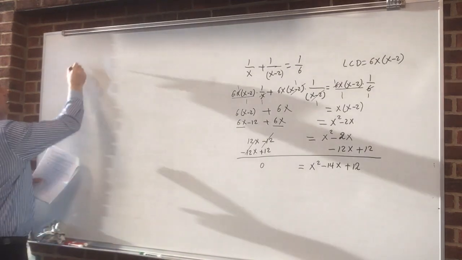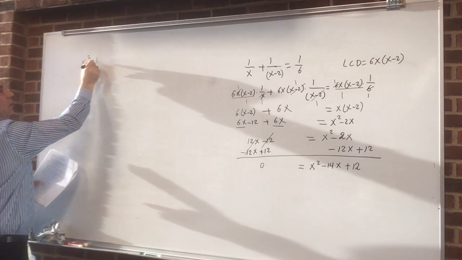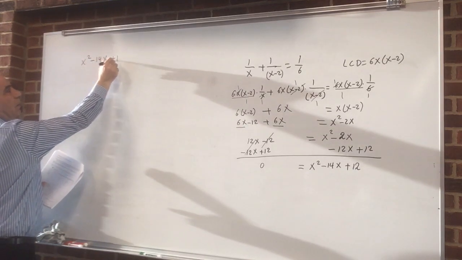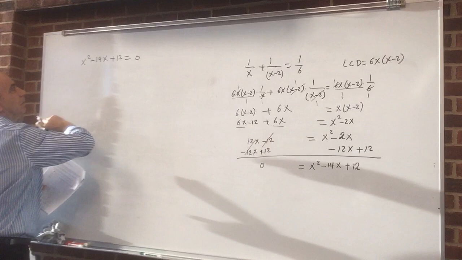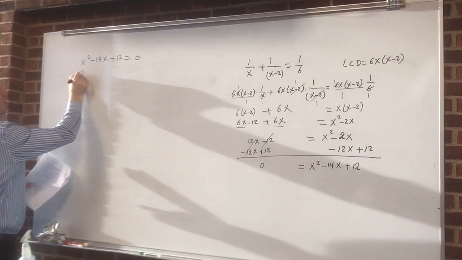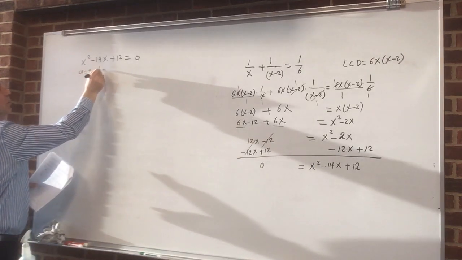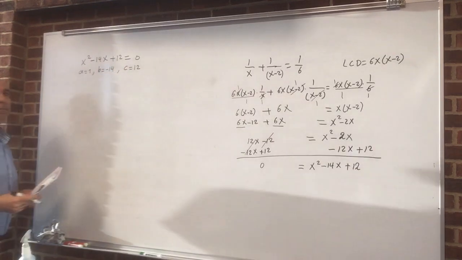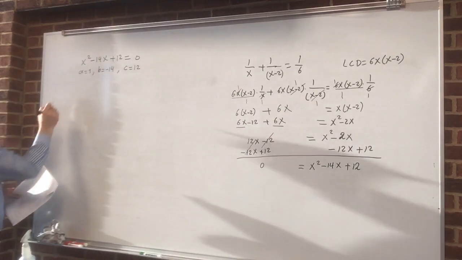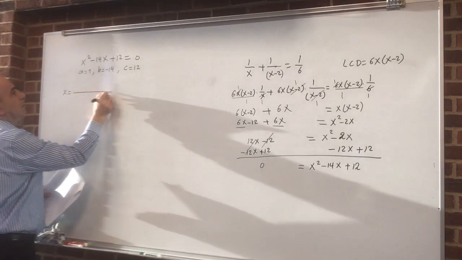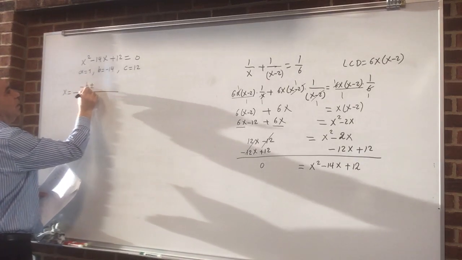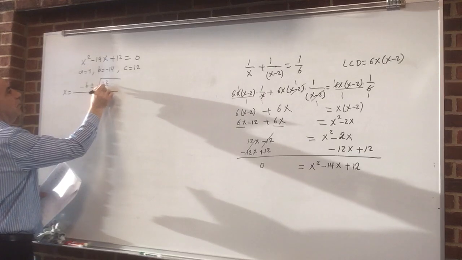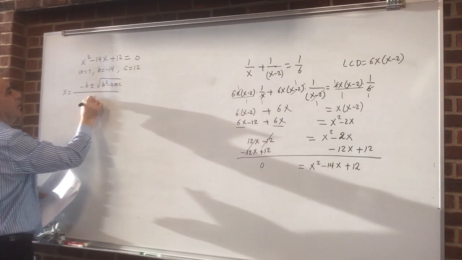Here we have this equation, x squared minus 14x plus 12 equals 0. Here a equals 1, b equals negative 14, and c equals 12. So x equals negative b plus or minus the square root of b squared minus 4ac, over 2a.